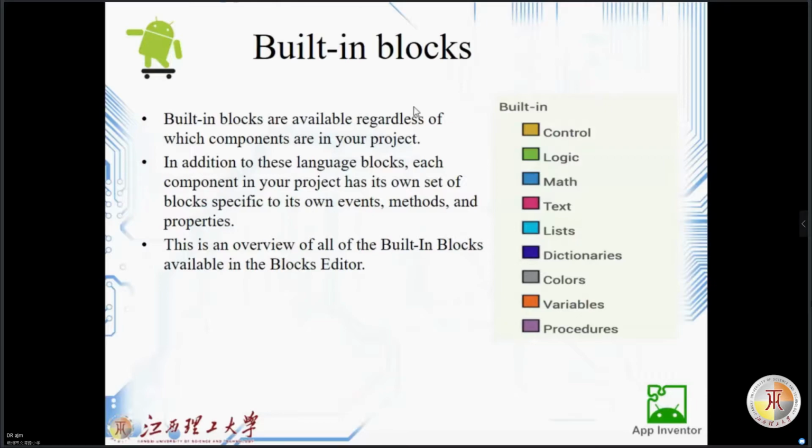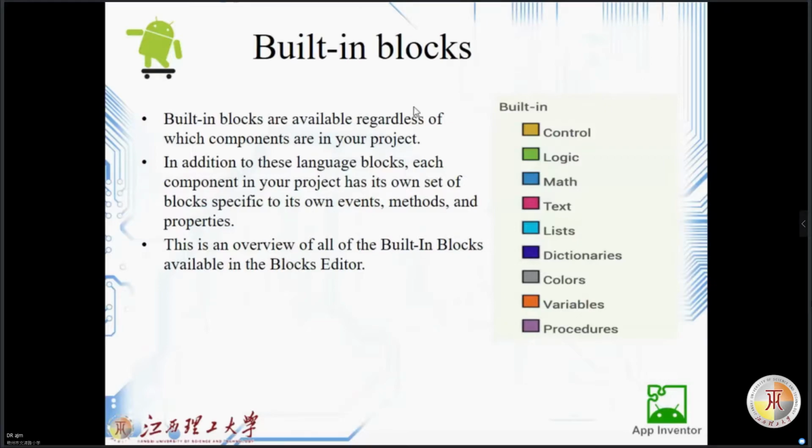are some parts like control, logic, math, text, list, dictionaries, colors, variables, and procedures. These parts are available regardless of which components are in your project. In addition to these language blocks, each component in your project has its own set of blocks specific to its own events, methods and properties.